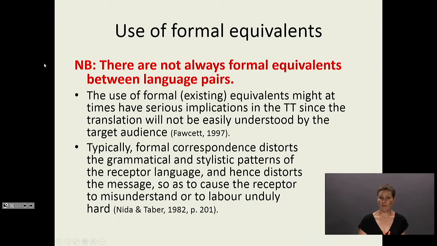So we need to be aware of the fact that if we follow formal equivalents, we might run into problems if we don't actually have existing equivalents at hand to use in our translation. So often these source text oriented translations can result in slightly difficult text in the sense that they're not as fluent as they could be because they rely so heavily on these source text forms, which of course might be different in the target language.